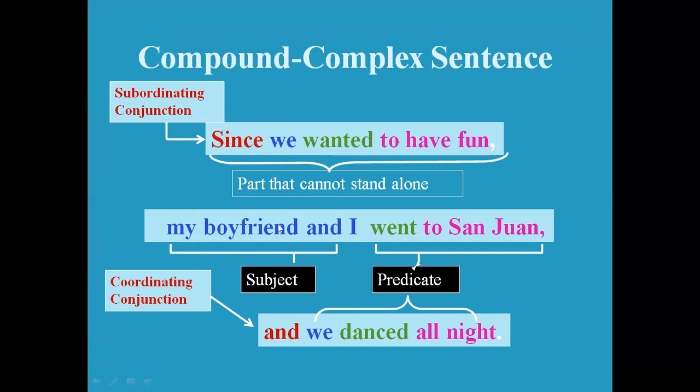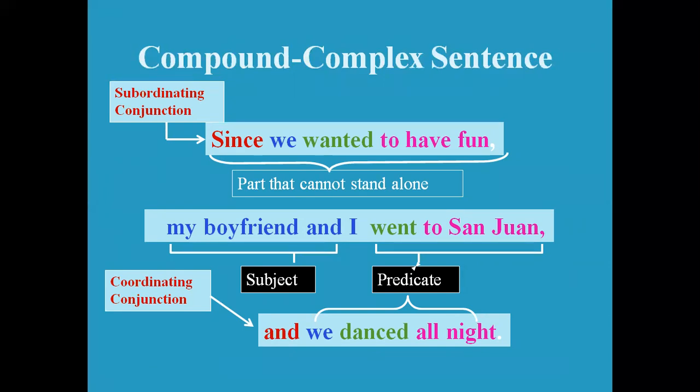My boyfriend and I, subject; went to San Juan, predicate. And we danced all night. Here, this part also cannot stand alone because of and. The coordinating conjunction and is used here.